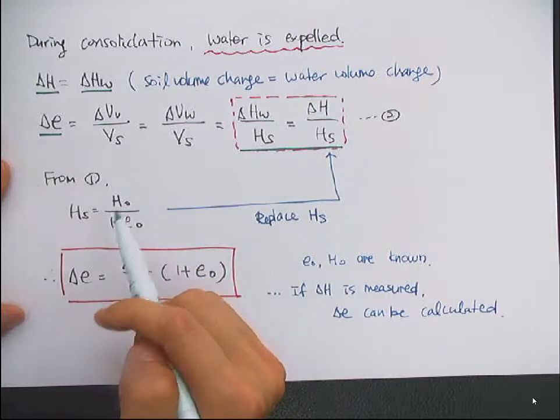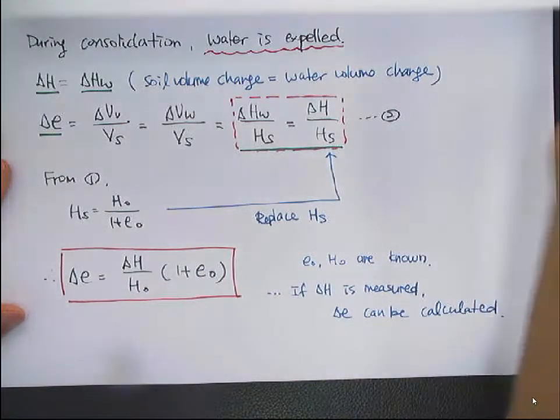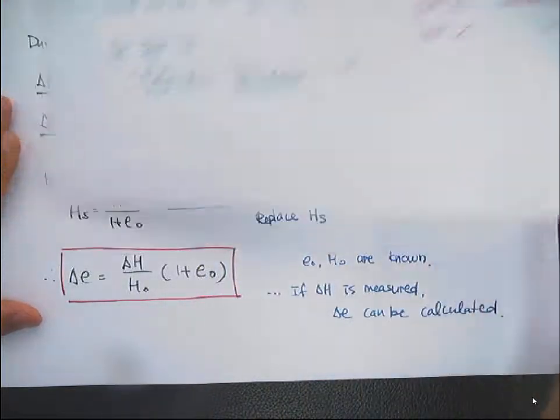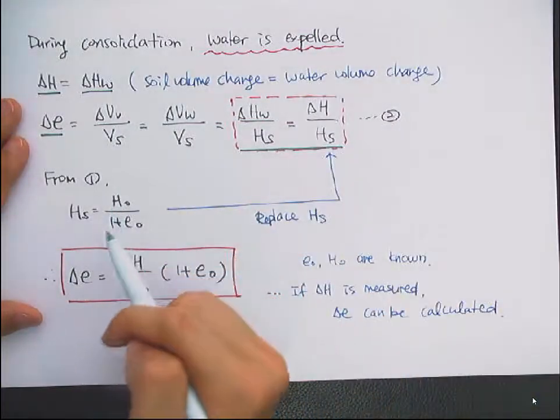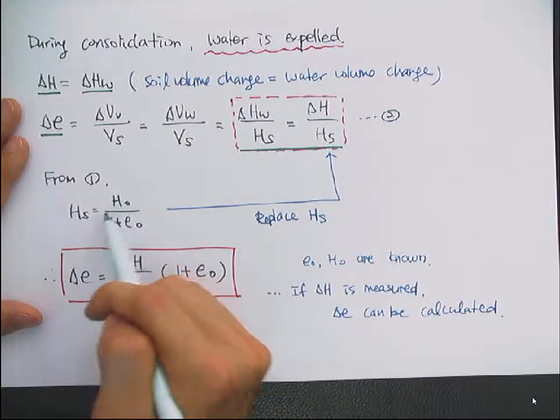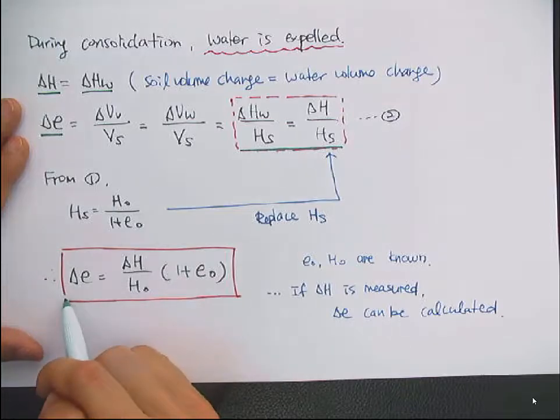Then from the first equation, this first equation, we can replace this Hs with the H naught and the e naught, then we get this final equation.